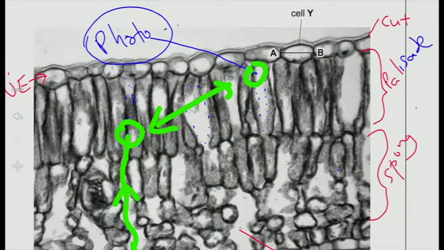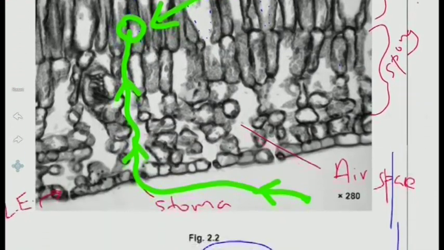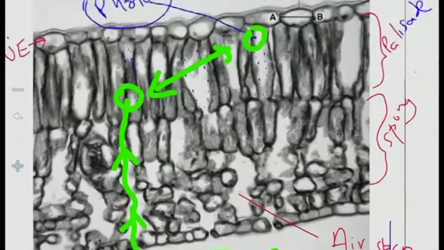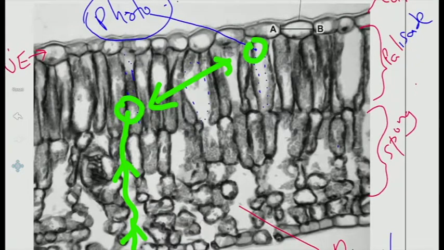So, following our route, right from the atmosphere, let's start all over again. So that is the carbon dioxide, CO2 gas from the atmosphere, going like that, getting in through the stoma, the air spaces, spongy mesophyll cells moving in between, and then moving up until getting into the palisade cells and into the chloroplast and chlorophyll.